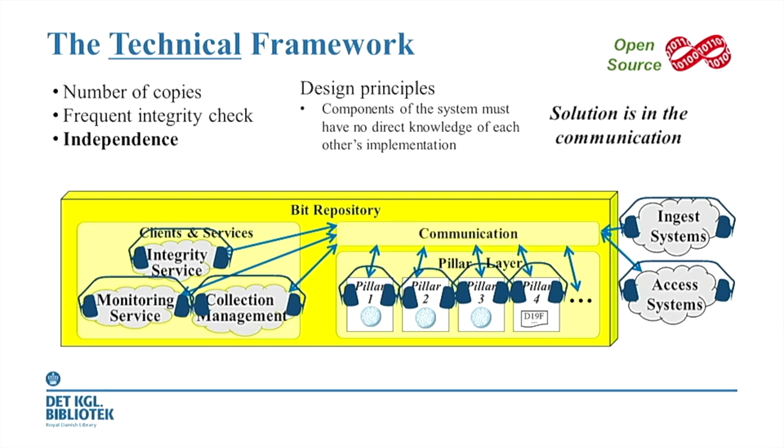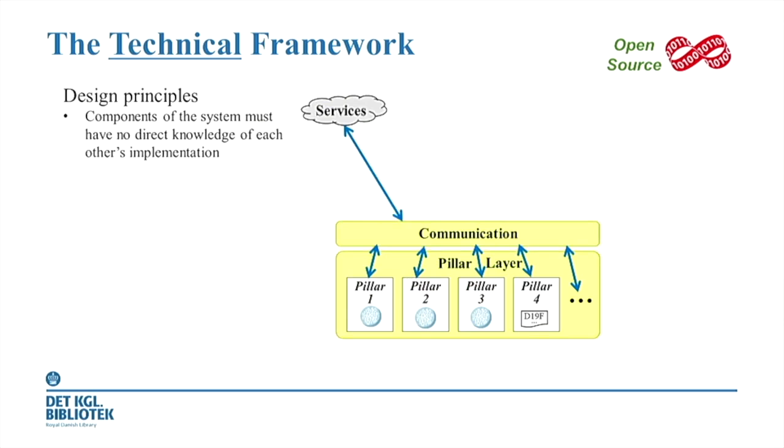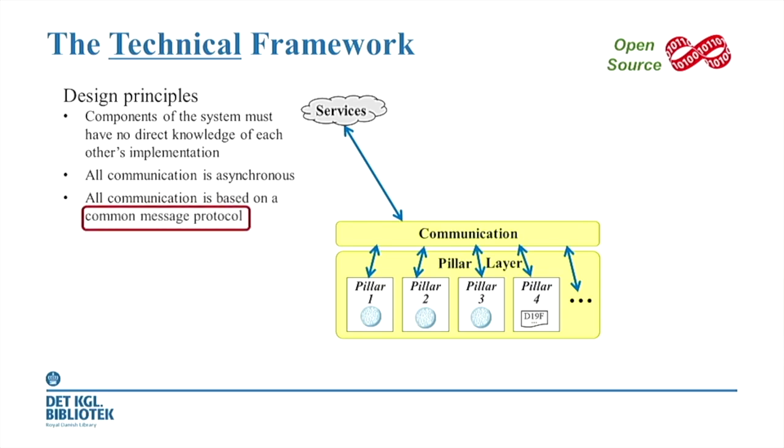The key thing here is the communication, actually. The communication is, of course, asynchronous, otherwise things don't work, and the communication is based on a common message protocol, and that's what they need to respect in order to be a component in this system.